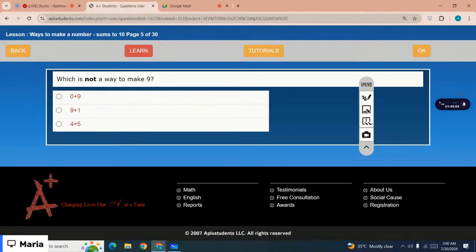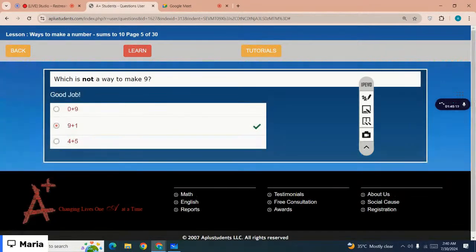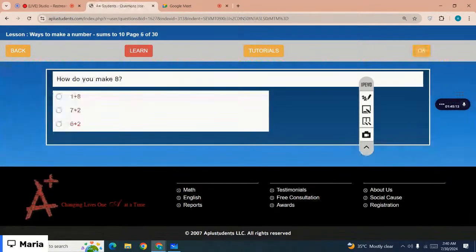The correct option is 9 plus 1. That is not a way to make 9. Option number 2 is the correct option. How do you make 8?